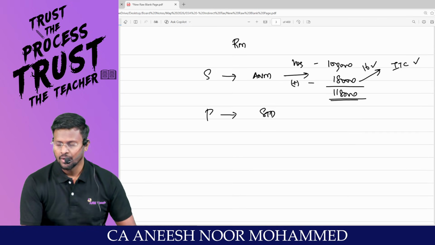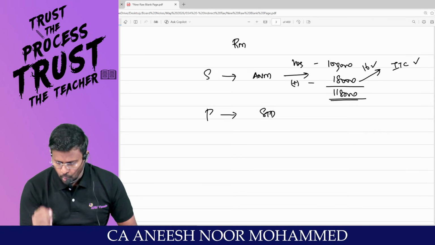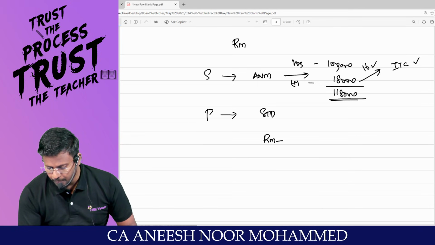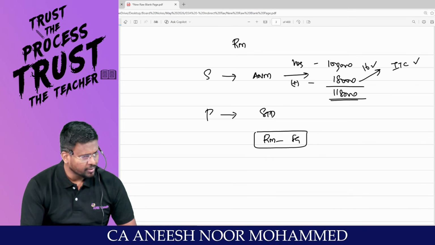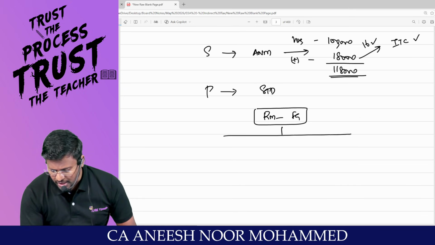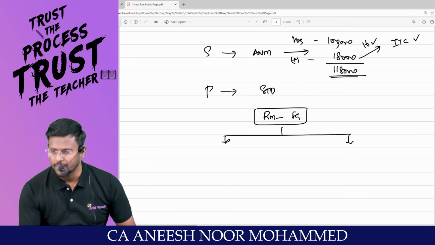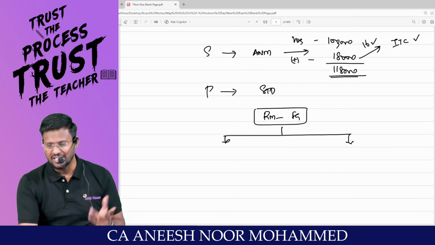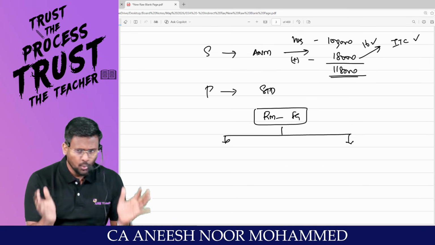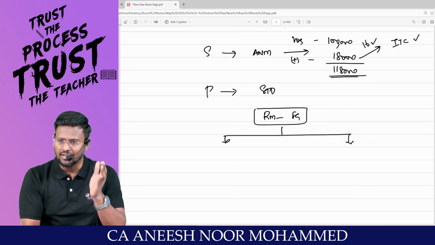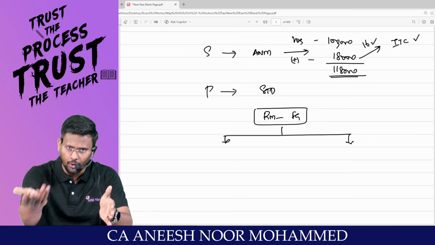Am I right, my dear lovable students? Now with that raw material, you are manufacturing finished goods. You are manufacturing not one but two finished goods, like joint product and by-product. Two joint products are coming out. It is possible that with one raw material, at the same time of production, two products may come out.